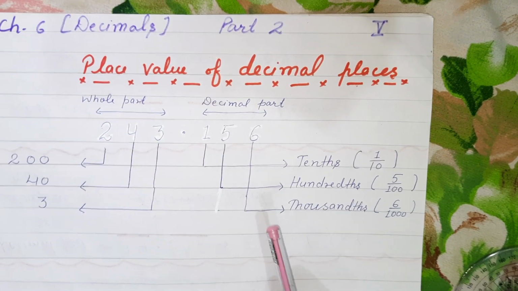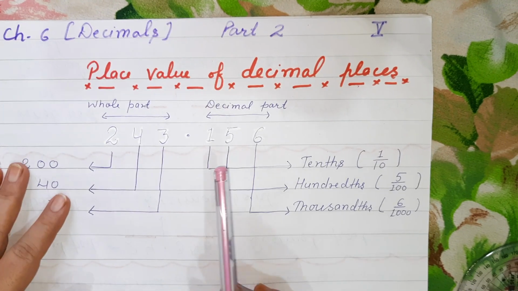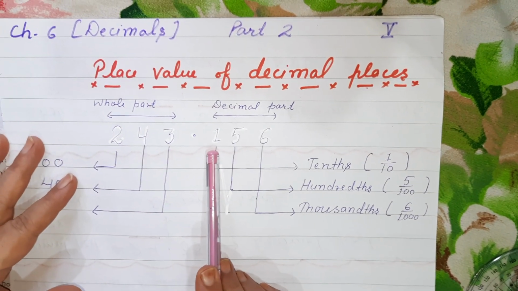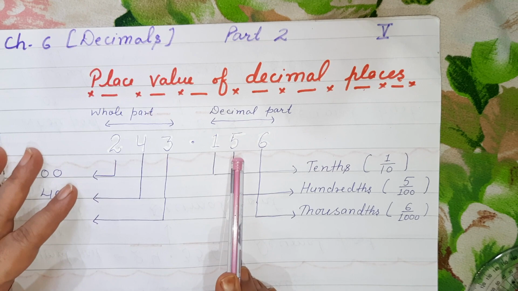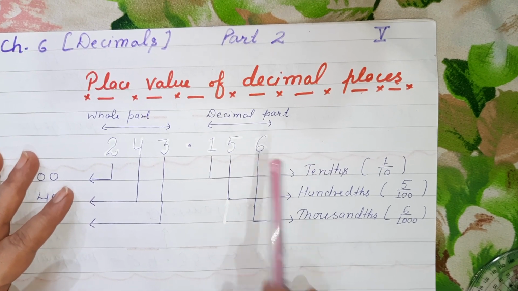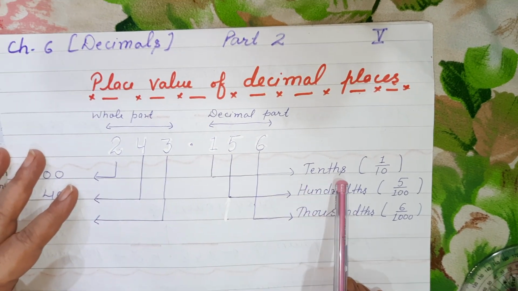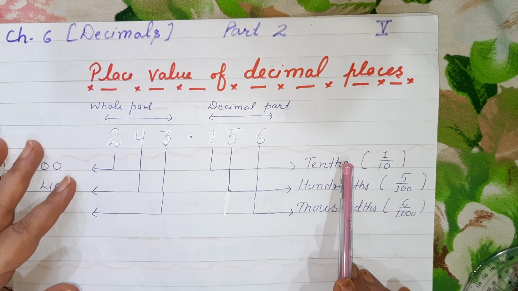Now the place value of the decimal part. Students, it is our tenths place, it is our hundredths place and it is our thousandths. Tenths, so you will put an s every time.